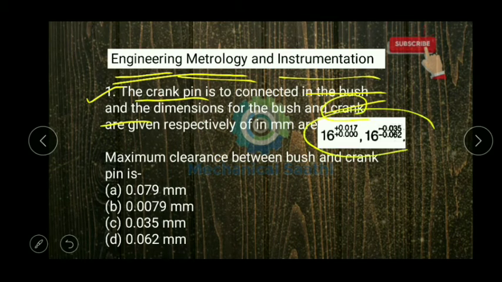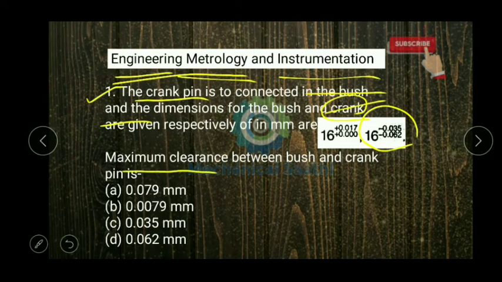The bush dimension, that is 16, varies from plus 0.000 to plus 0.017, and the crank pin, also 16, varies from minus 0.062 to minus 0.035. We need to find out the maximum clearance between the bush and the crank pin.